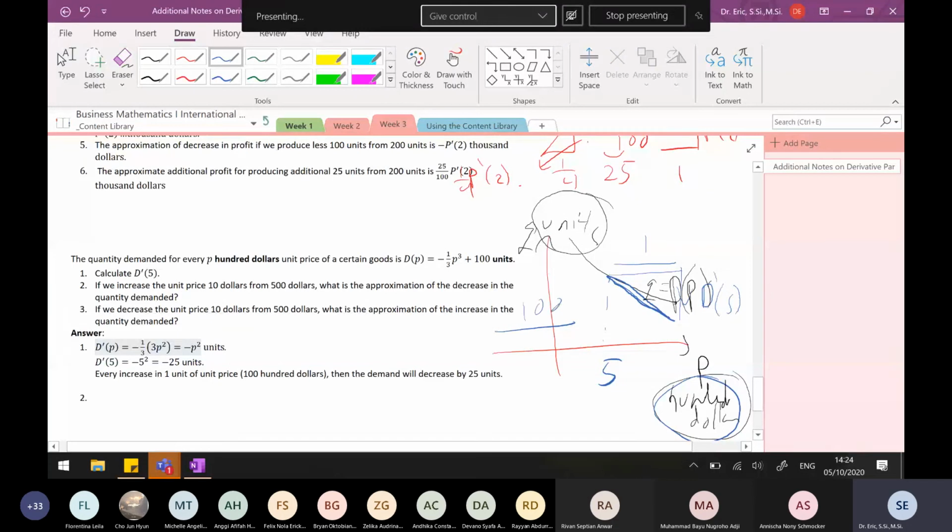So if we increase just $10, what is the decrease here? 2.5 units. Very good.